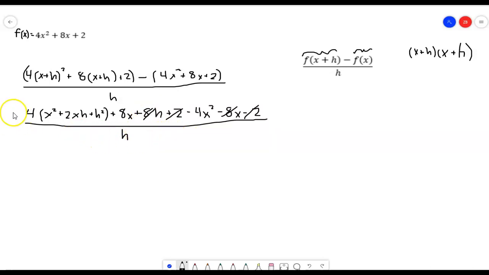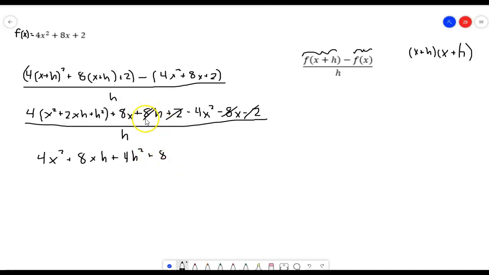So let's go ahead and distribute this 4 with this trinomial, this thing here. 4x squared plus 4 times this middle term here, which is 8xh, plus 4 times that, which is 4h squared, plus 8h.